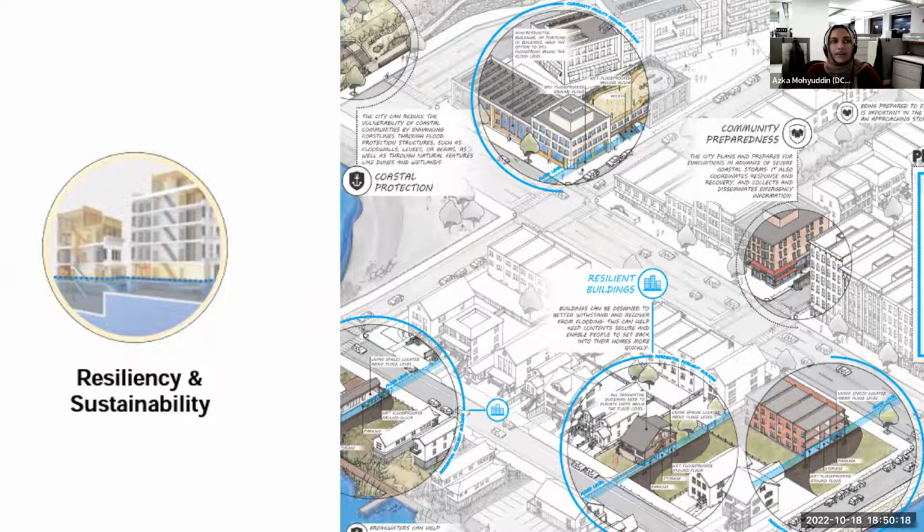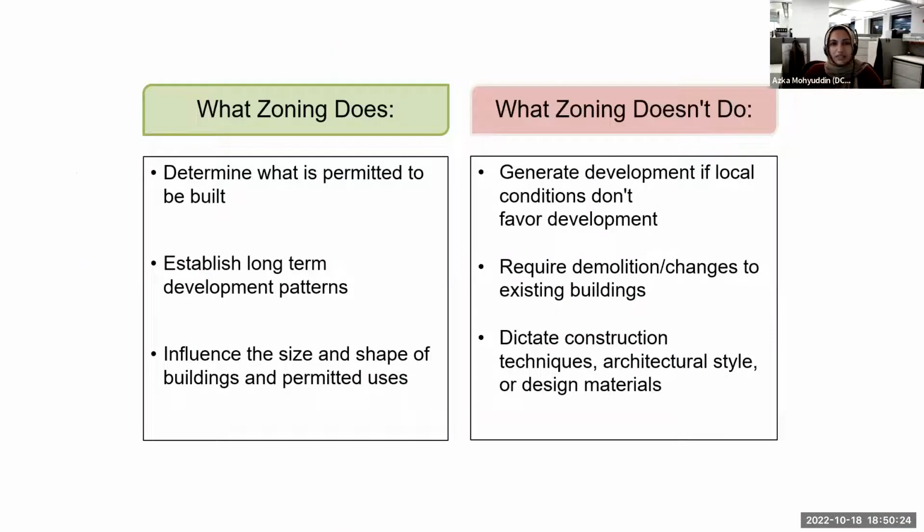So, while looking at what zoning is doing and the concerns that it responds to, it's also important to understand what it can do and what it doesn't do. There are often misconceptions about what zoning can do, and so I think it's important to go over some of these things.